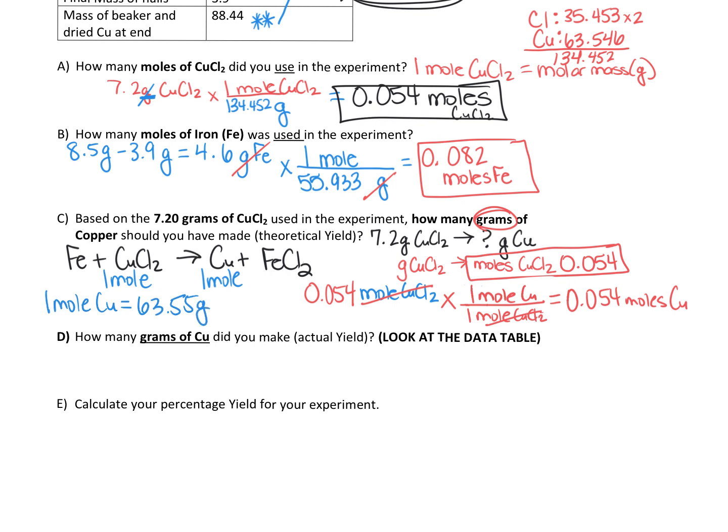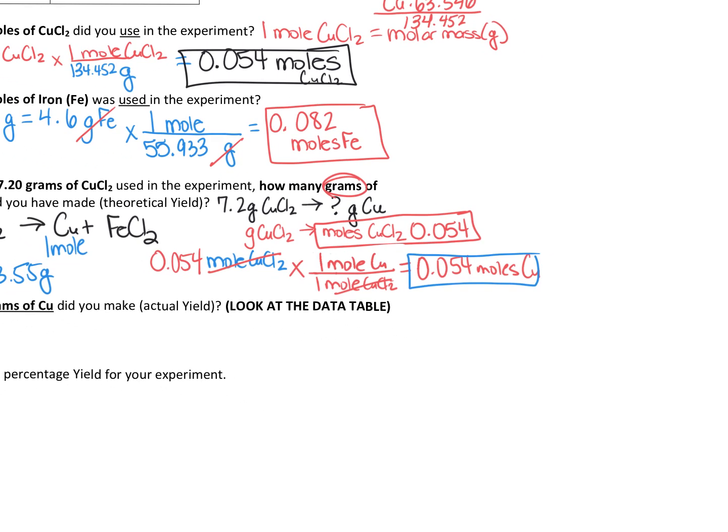So I take my 0.054 and multiply it by 63.55, and I should have made 3.43 grams of copper.